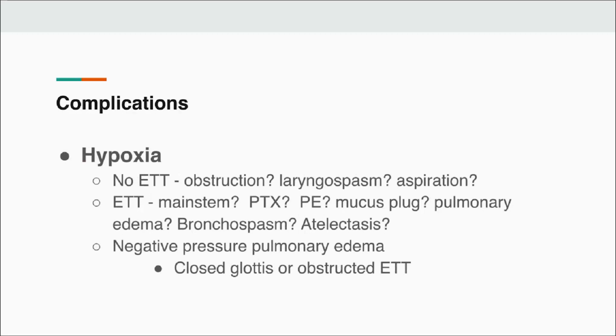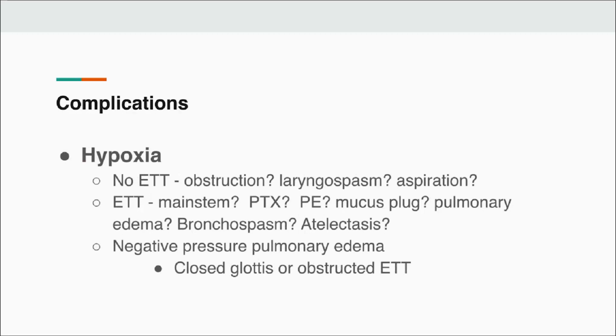Last I mentioned negative pressure pulmonary edema, and this is not common, but we do see it sometimes in young patients. It's basically when a patient is breathing spontaneously and they actually have an obstructed endotracheal tube, like from biting down on a tube, or maybe they're breathing spontaneously with a supraglottic airway or with a nasal cannula or a mask, and they try to breathe against a closed glottis like laryngospasm.